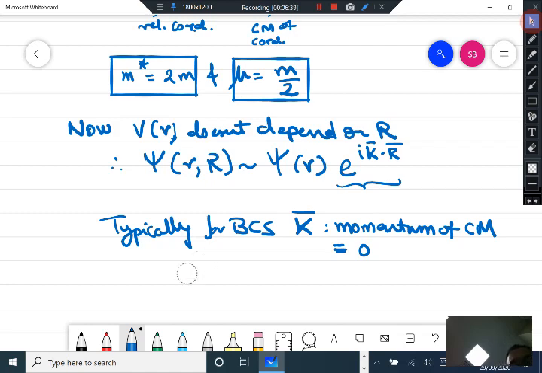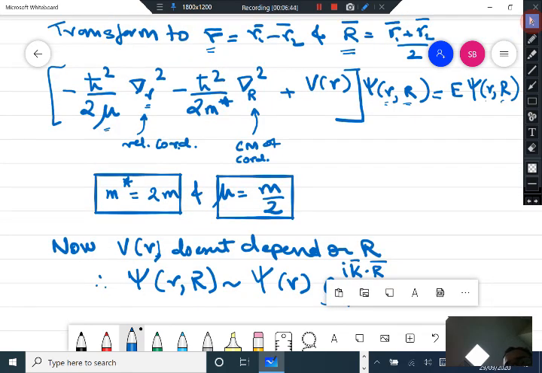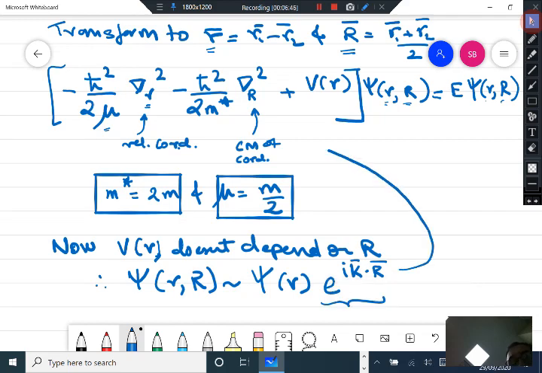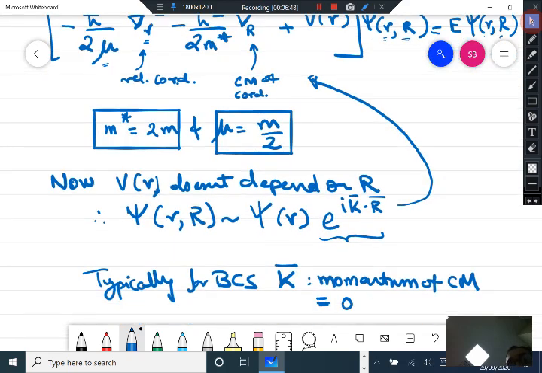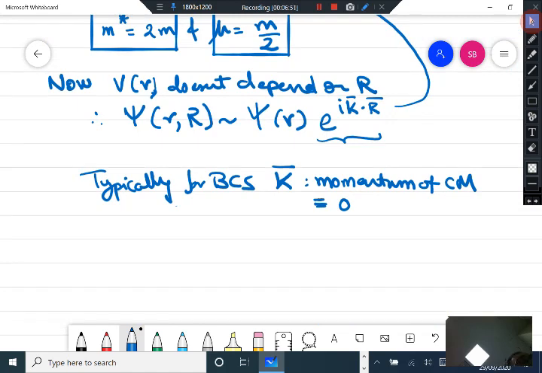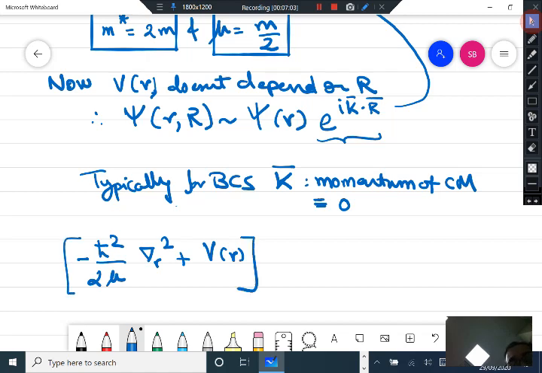If I substitute this into my Schrodinger's equation, the general form will be minus h cross square by 2 mu delta small r square plus V of r, acting on psi of r, is equal to E tilde psi of r, where now you can see that you just depend on the relative coordinate.